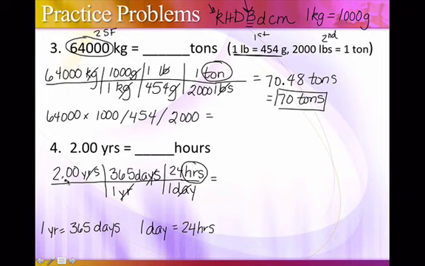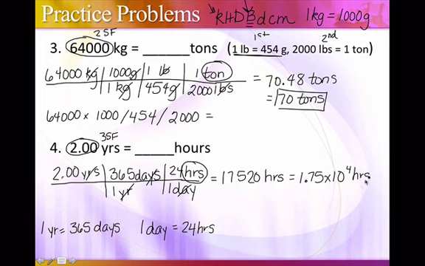So if I plug this in, I take 2 times 365 times 24, and all of that is going to leave you with 17,520 hours, which is a very big number again, so I'm going to convert into scientific notation, and I'm also going to look here for 3 significant figures. So I'm going to round this to 3 significant figures. So 1.75 times 10 to the 4th hours. And that's your final answer.